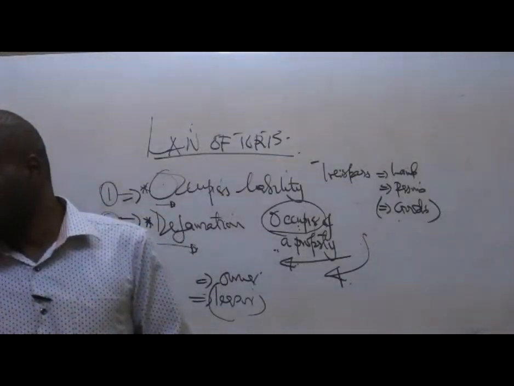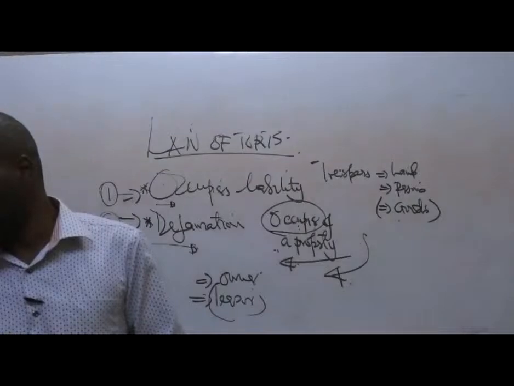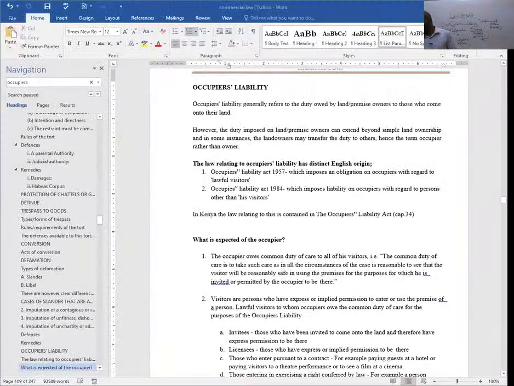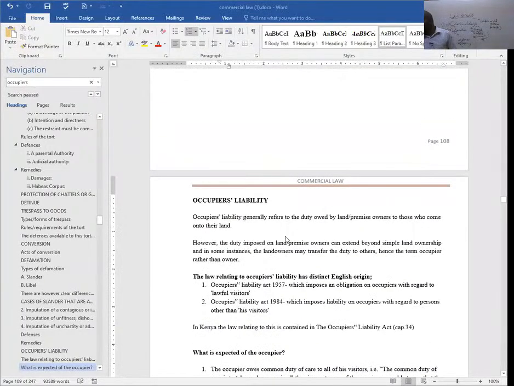So in short, let me just share. Occupiers liability generally refers to the duty owed by land or premises owners to those who come onto their land. That is the duty expected of a person who is occupying land or a particular premise.